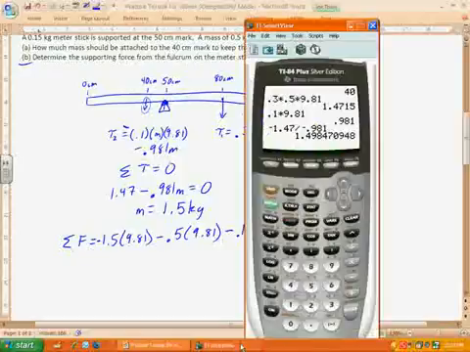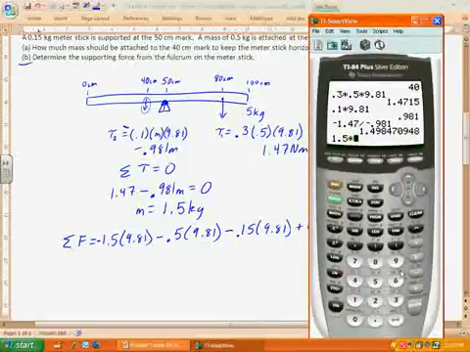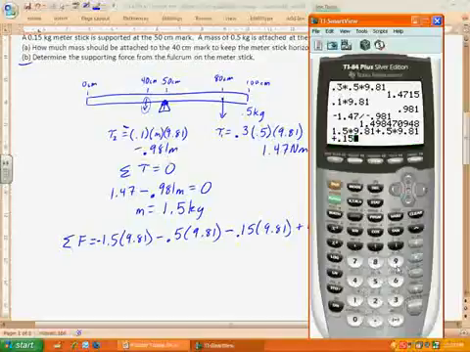So let's go ahead and do that. So we got 1.5 times 9.81 plus 0.5 times 9.81 plus 0.15 times 9.81. And there you go, 21.1 newtons.